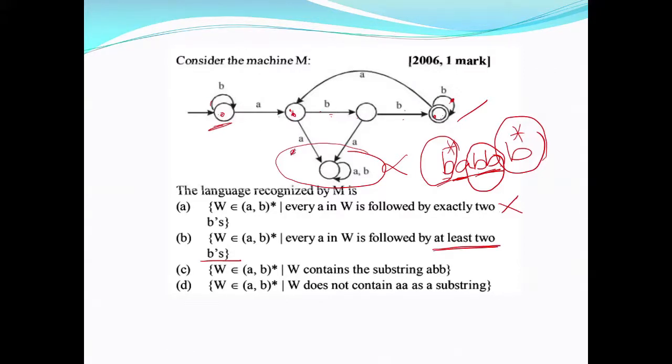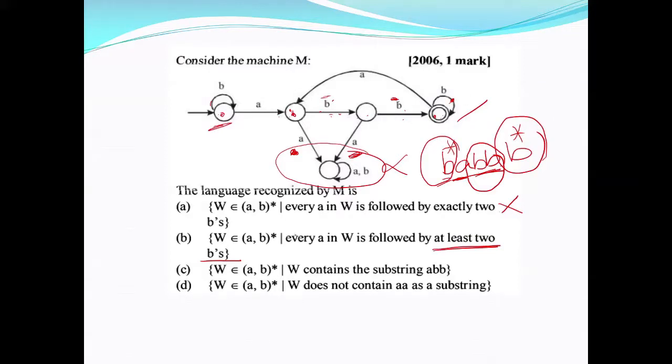After a, another a is not allowed, right? And a followed by a single b and then a is also not allowed. That means once you get a, these 2 b's are compulsory, and you can have any others after. So minimum 2 b's are required.